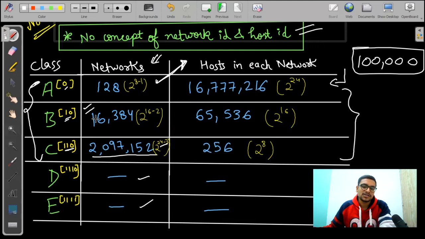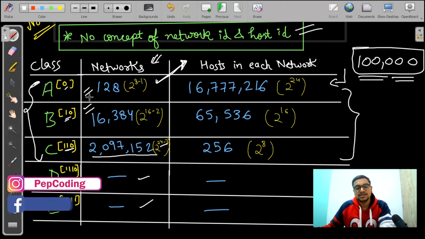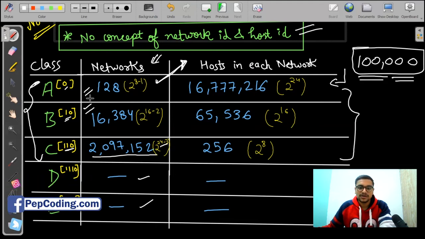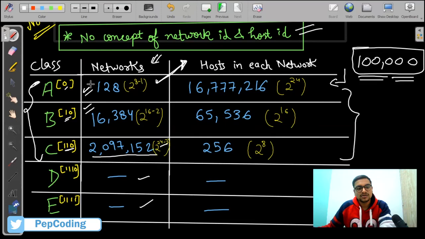But what if I want the number of hosts to be in the 100,000 range? Then I have to consider only class A. And for this there is a concept of subnetting that we will see further: what subnetting and supernetting are, and how we can use them for classful addressing.